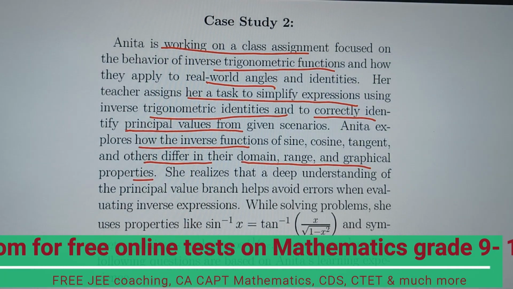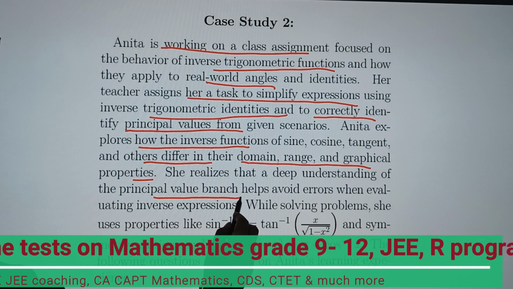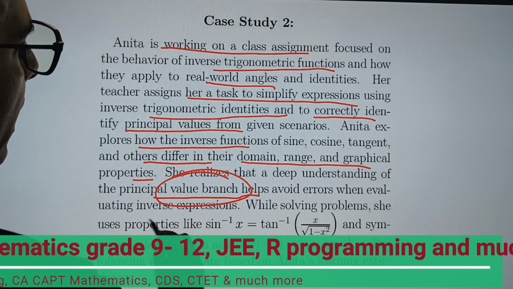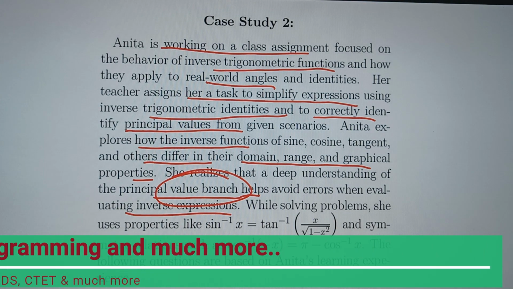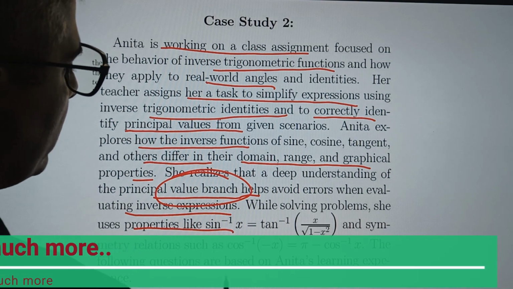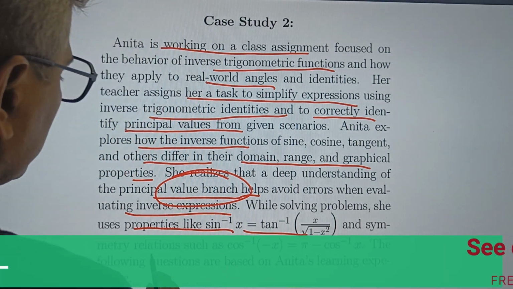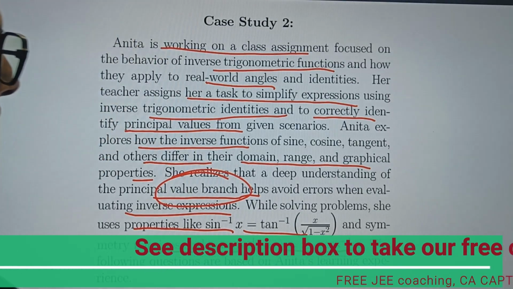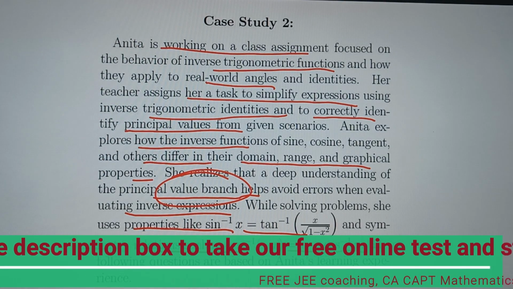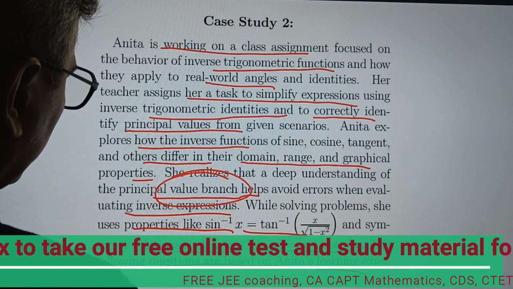She realizes that a deep understanding of the principal value branch, this is very important, helps avoid errors when evaluating inverse expressions. While solving problems, she uses properties like sine inverse x equals to this and symmetry relations such as cos inverse of minus x equals pi minus cos inverse x. The following questions are based on Anita's learning experience.